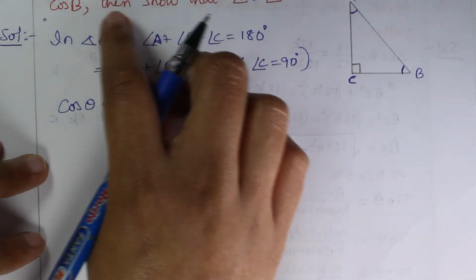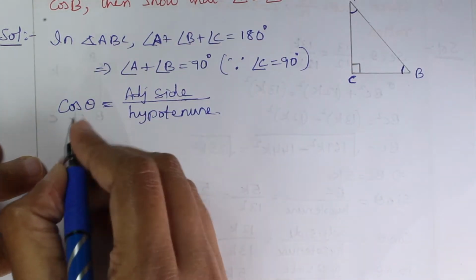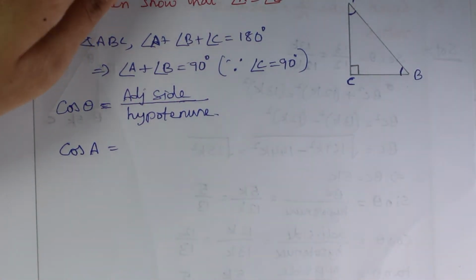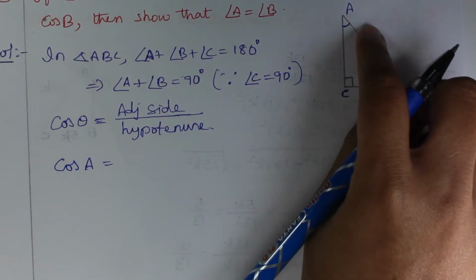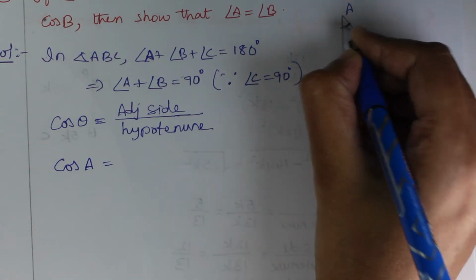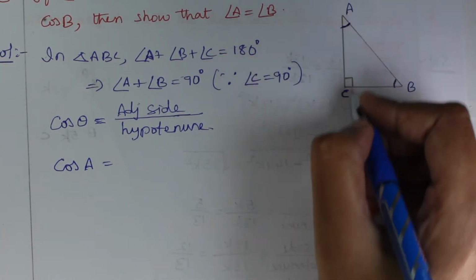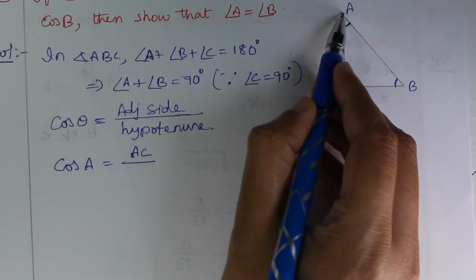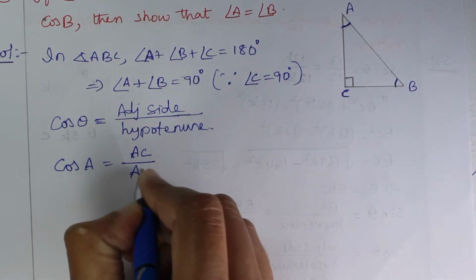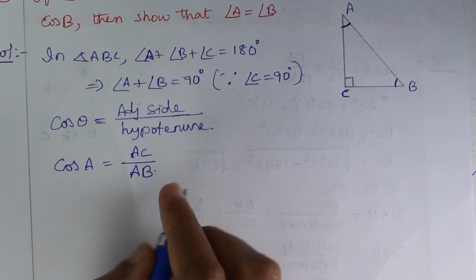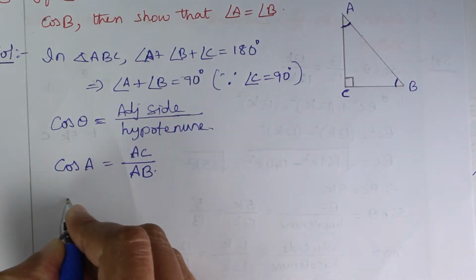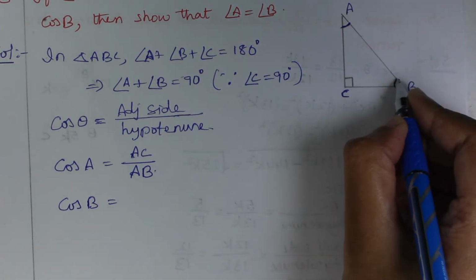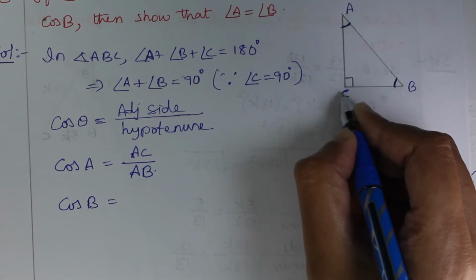From this figure, cos A is equal to the side adjacent to angle A, which is AC, divided by hypotenuse AB. Now cos B is equal to, what is the side adjacent to angle B?